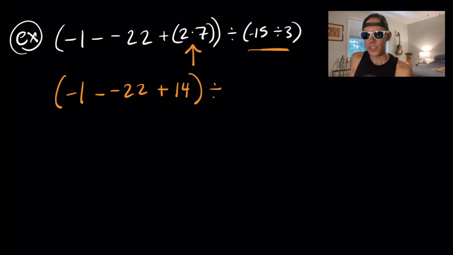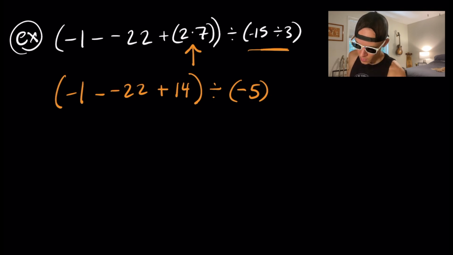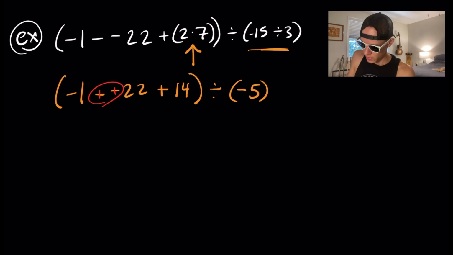So negative 15 divided by 3, a negative divided by a positive is going to give us a negative, and 15 over 3 is 5, so negative 5 there. I'll leave it in parentheses. And one thing that sticks out is anytime you have minus a minus, just turn both of them into pluses.